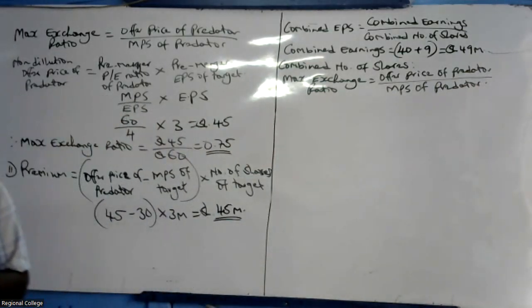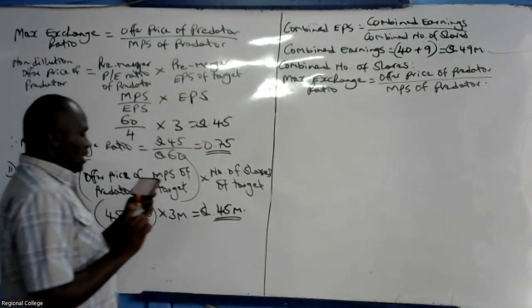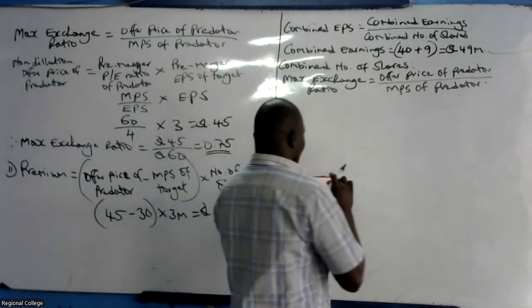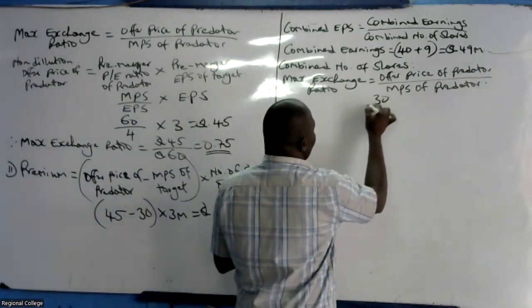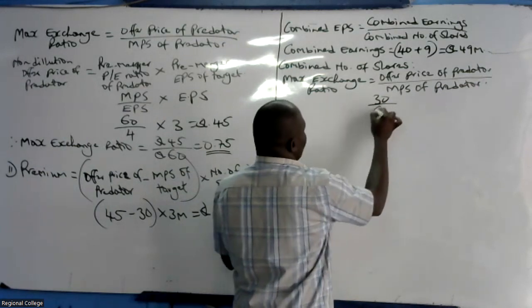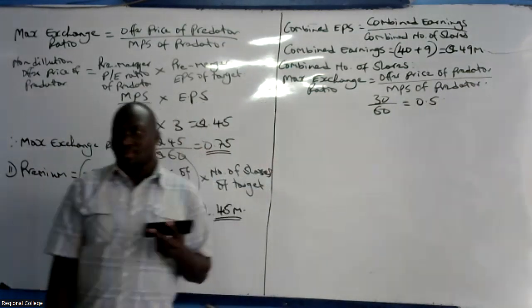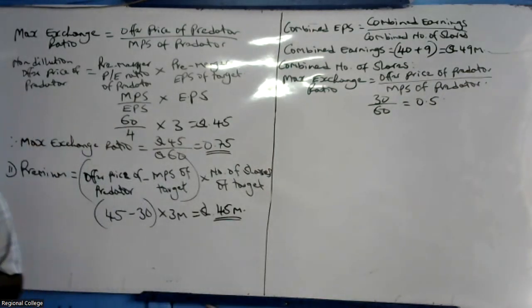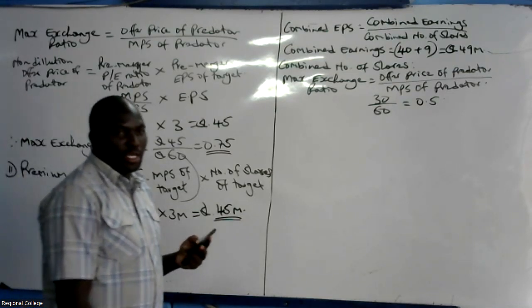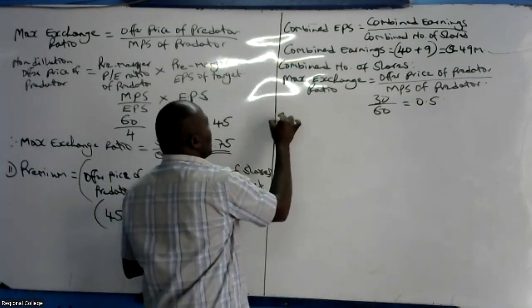They have agreed on an offer price of how much? 30, right? Yeah. Divided by the NPS of 60. I think 0.5. So meaning what? For every 1 share that you have, we're going to give you how many new shares? 0.5 new shares.